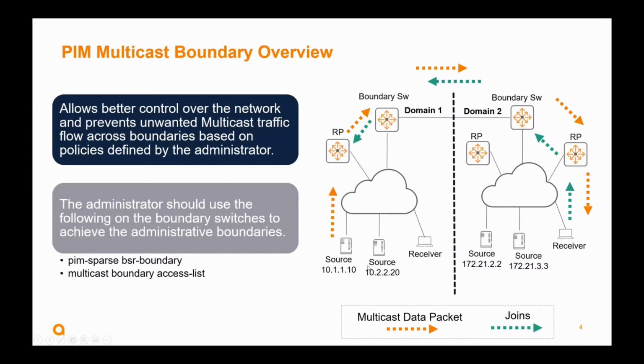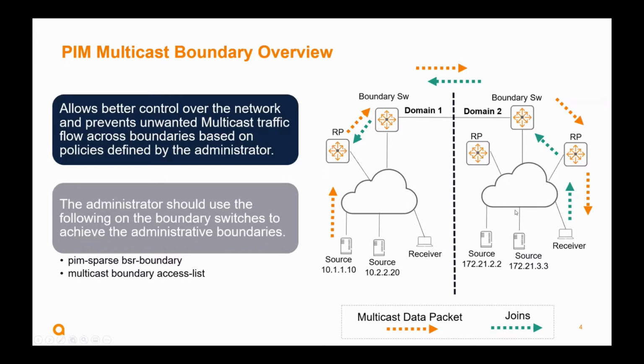But yet we want to receive a multicast stream from domain 1 from a specific source, maybe 10.1.1.10, and by leveraging the PIM multicast boundary, specifically these two new feature commands, PIM sparse mode BSR boundary and multicast boundary access list, will give us this control over what we can make available between the domains.